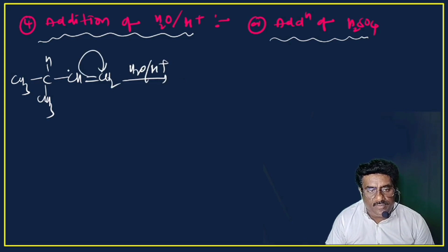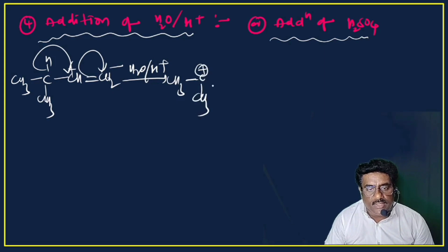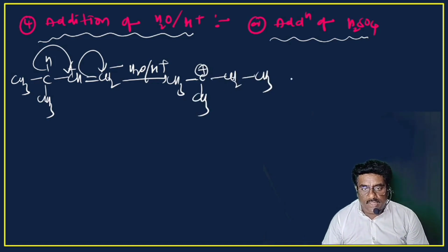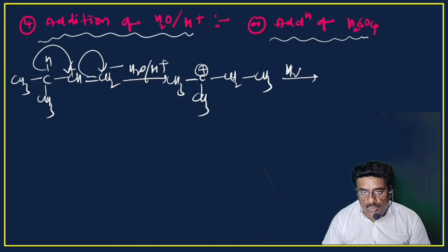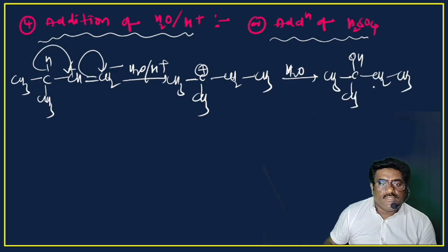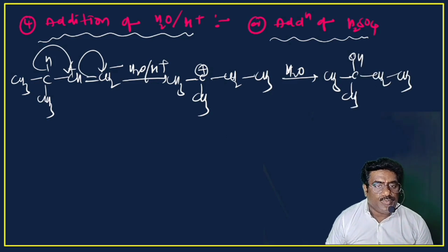So the pi bond is shifted, positive charge, negative, hydride shift, carbocation is formed, CH3 CH2 CH3. It is a tertiary carbocation. Adding the water H2O to form CH3 OH CH3 CH2 CH3. This is for addition of H2O in H plus.